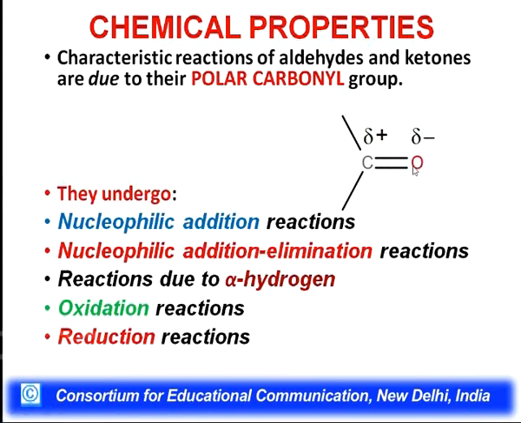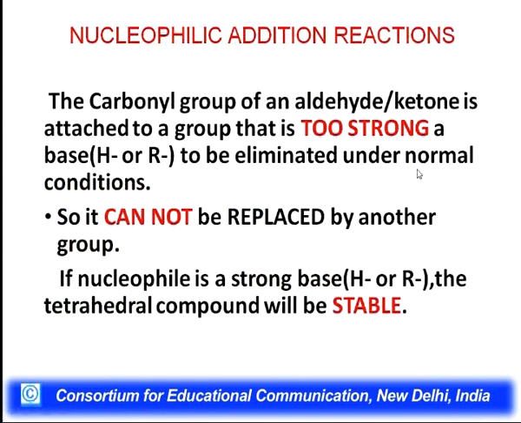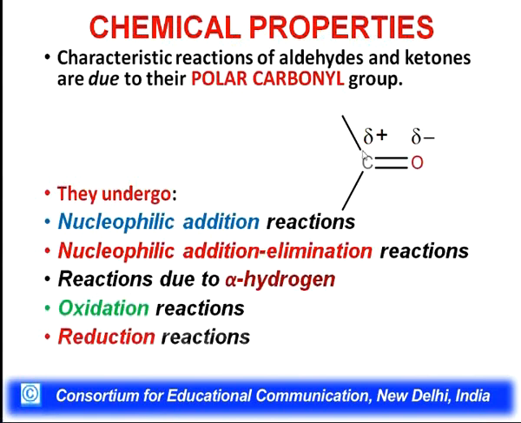Since this oxygen is more electronegative than this carbon, it will pull the electrons towards itself, as a result of which there is a partial negative charge on oxygen and a partial positive charge on carbon, and a nucleophile will attack here. Now we shall see why nucleophilic addition and why not nucleophilic elimination reaction. This we will be discussing quite soon.